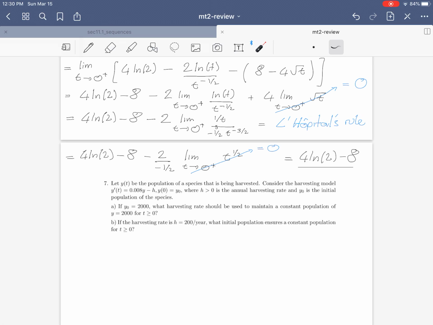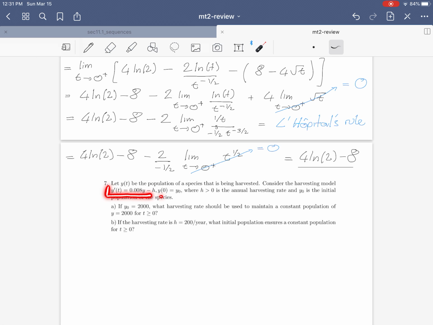We spend a bit of time modeling populations. In this example, we have a population y depending on t, and this population is being harvested.